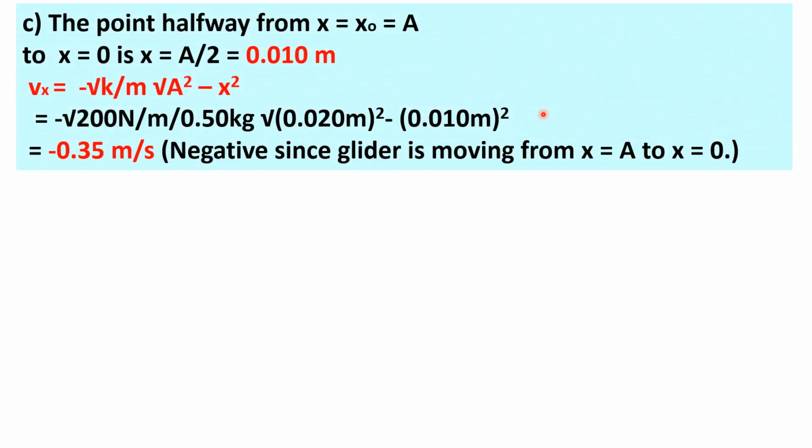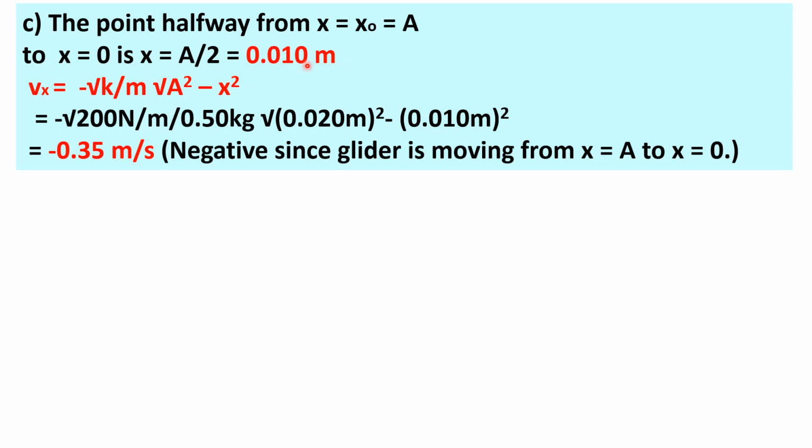For question letter C, the point halfway from x equals x naught or the amplitude A to x equals 0 is of course equal to x equals A over 2, which is 0.010 meters.